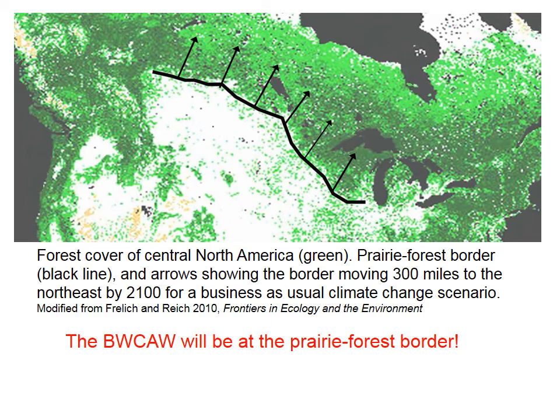So this is what we think would happen for a business as usual warming scenario, where we would warm up about 10 to 12 degrees Fahrenheit during the summer and have earlier springs and later falls, and this would increase evaporation considerably throughout the growing season. And so that zero balance and where the prairie forest border sits, we expect for a business as usual scenario to move about 300 miles to the northeast.